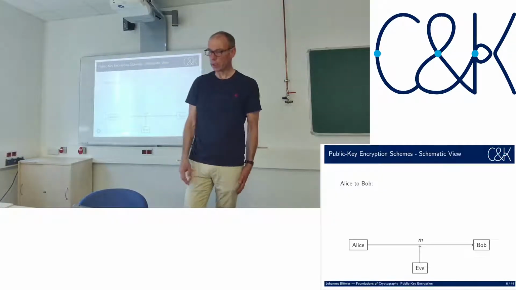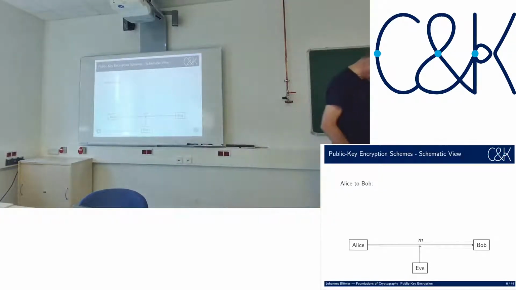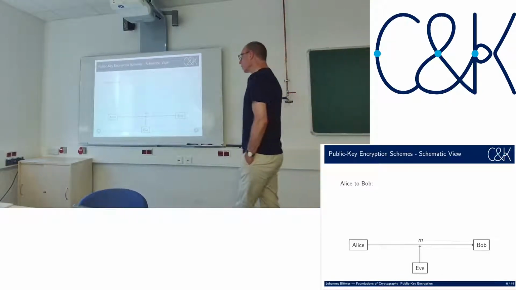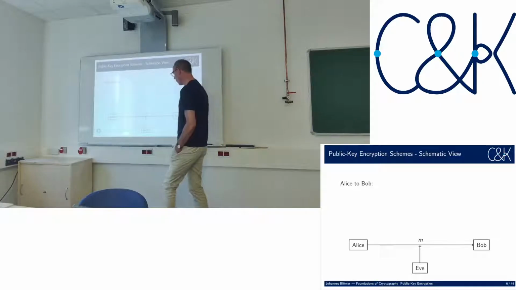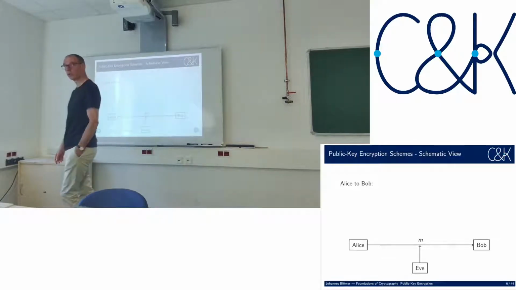Now, how do we use these things? This is similar to the picture that we saw in the digital signature case. But remember, with an encryption scheme, we want to ensure, of course, confidentiality, not authenticity. So again, we have a scenario where Alice and Bob want to communicate.